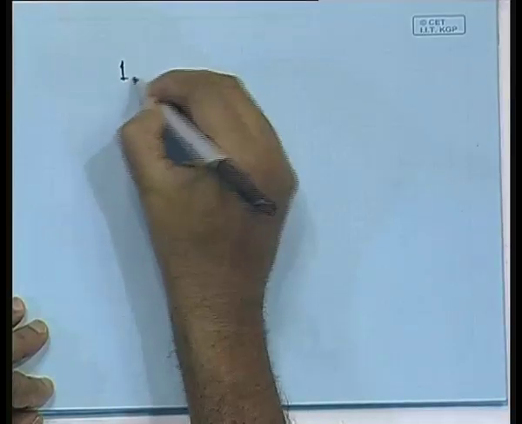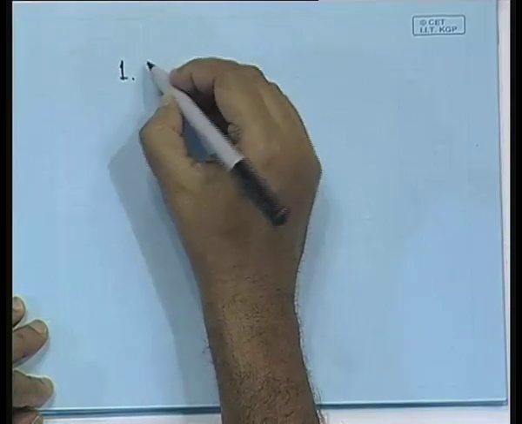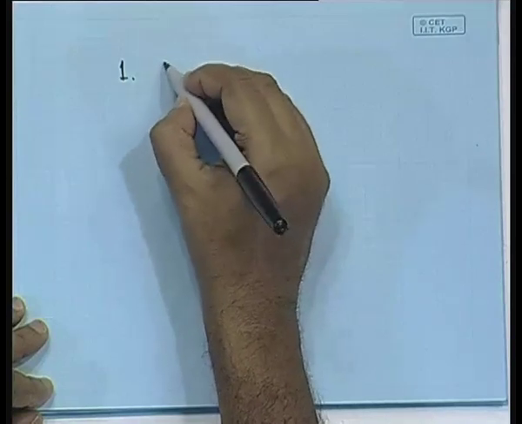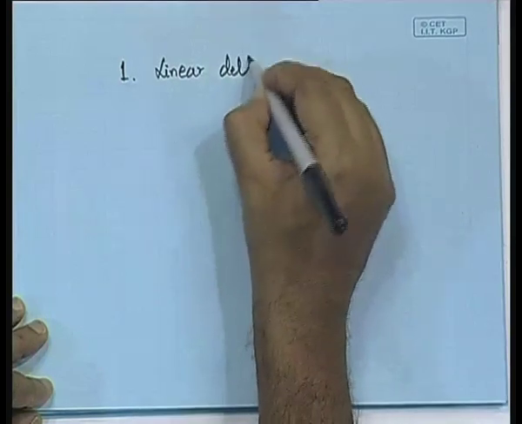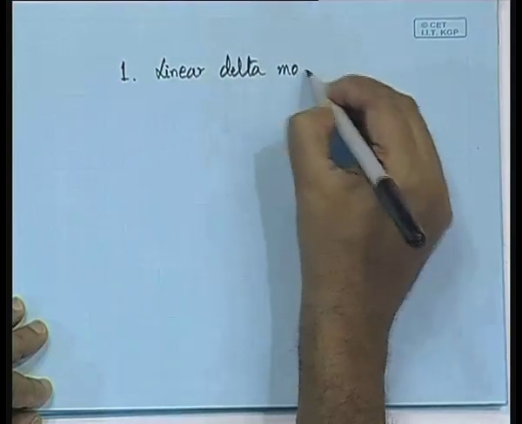differential quantization, and we will be studying two different differential quantizers. Okay. One, what we already know, is the delta modulator, and we will be using the linear delta modulator. Okay.